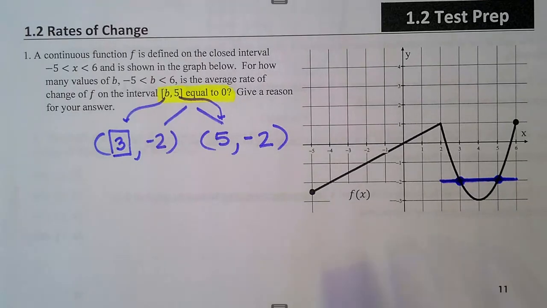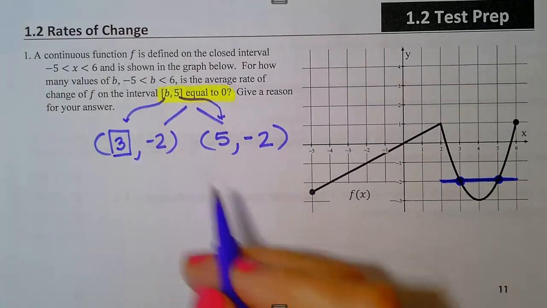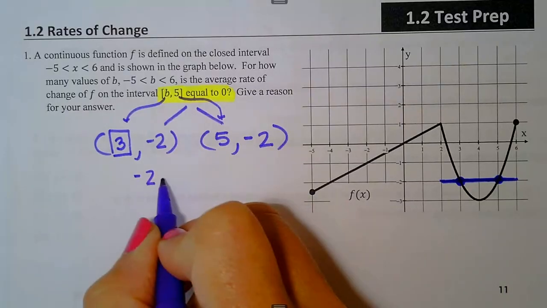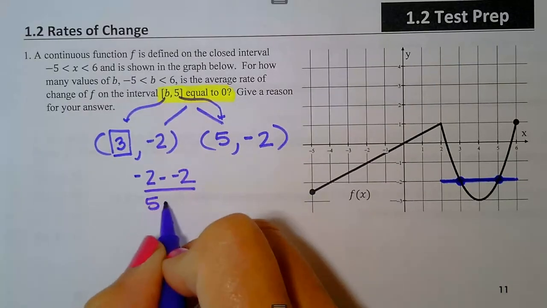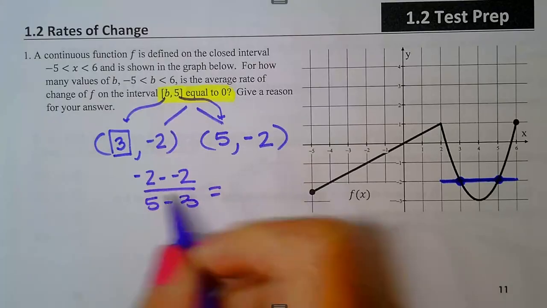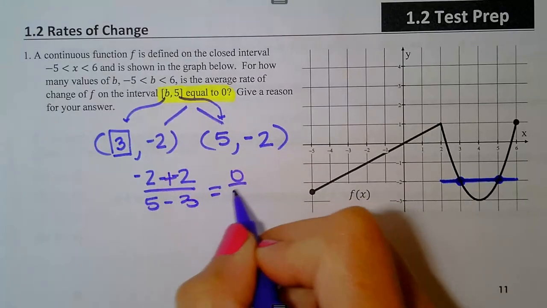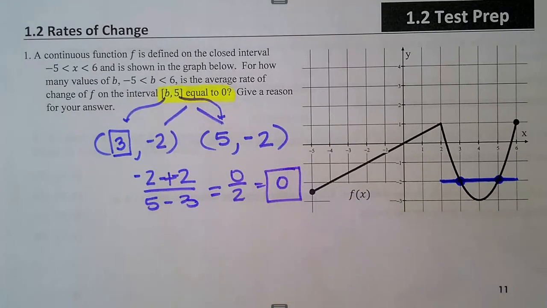Okay, so watch. If I just took a couple seconds to do the slope formula, negative 2 minus negative 2 over 5 minus 3. Negative 2 plus 2 is 0 over 2, so that equals 0. Yay! Okay, we got 1. It says for how many values? So it's 3.